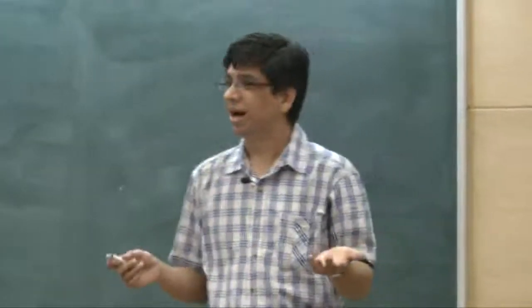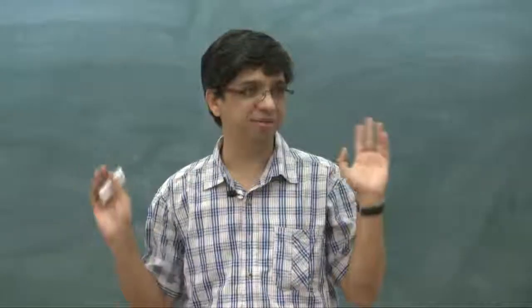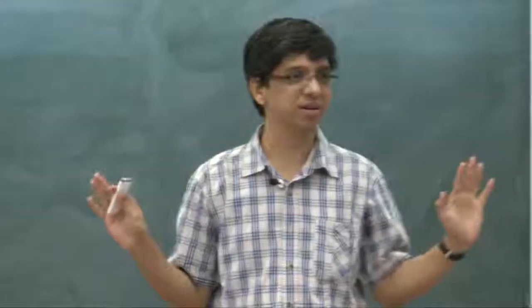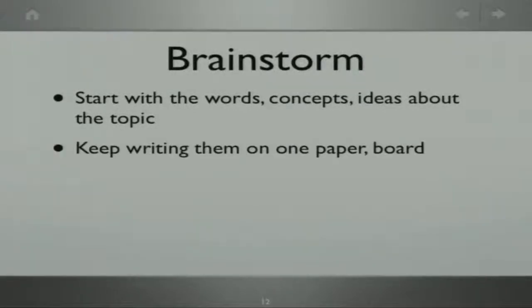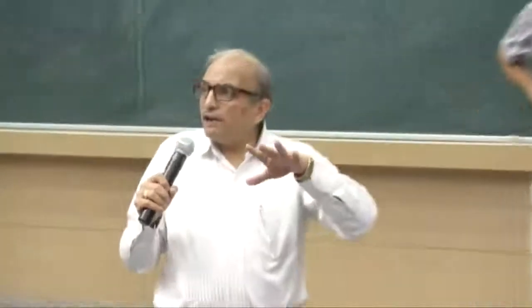Okay, so everybody got one. This is how you have to start off. Discuss amongst your team members in the group, and just start with whatever comes to your mind. It can be words, concepts, ideas about that topic. Keep writing them on the rough papers right now.